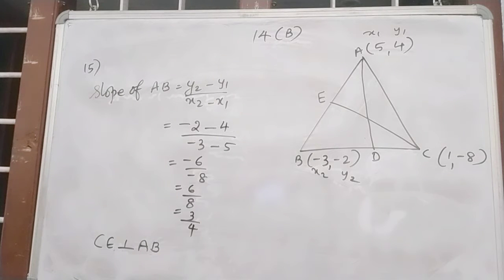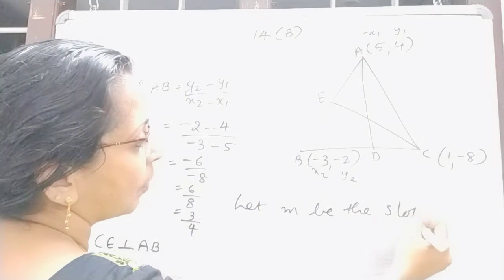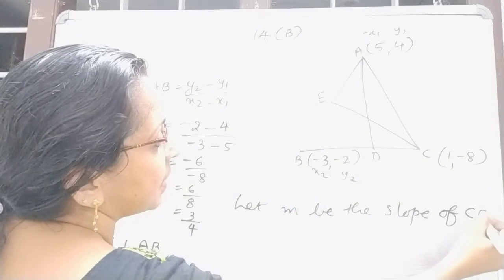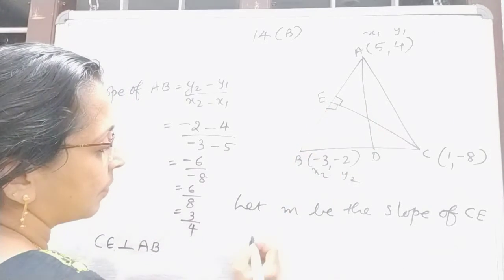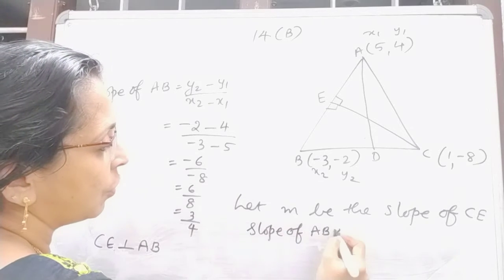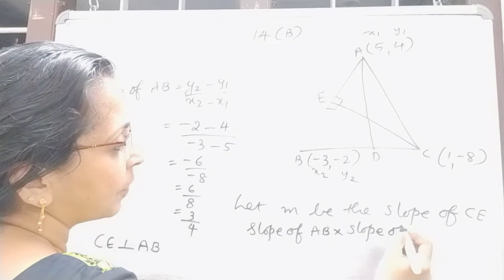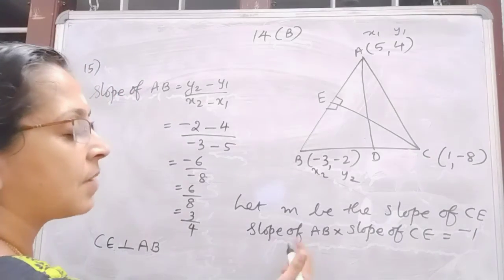Let the slope of CE be M. Product of the slopes is negative 1.